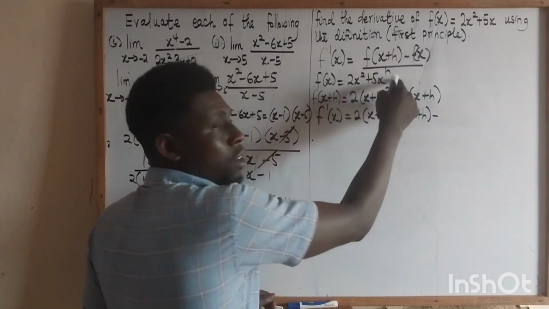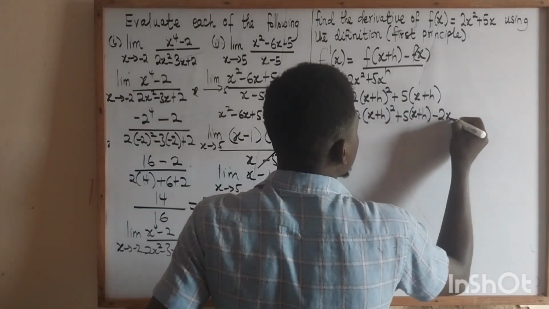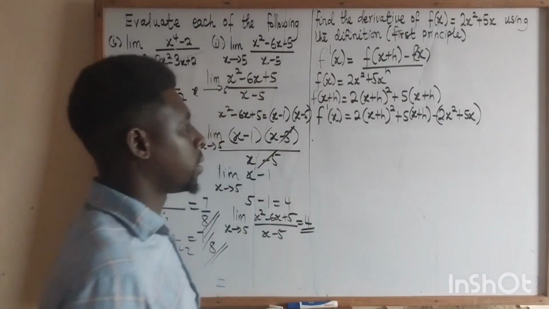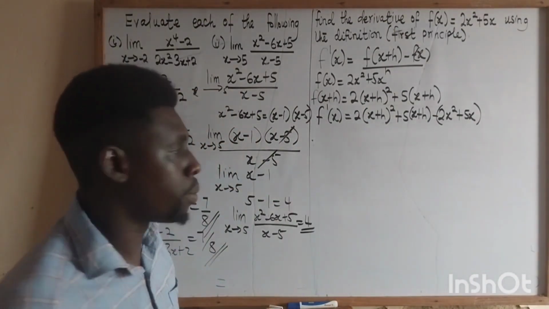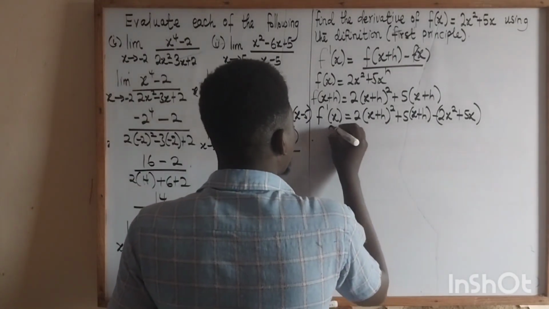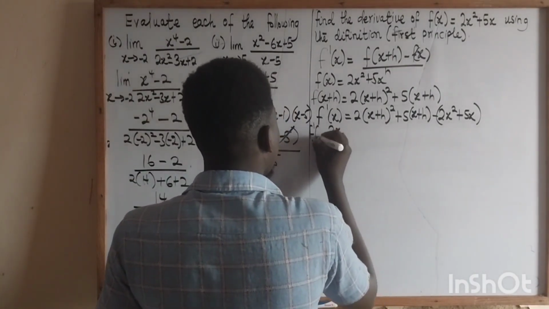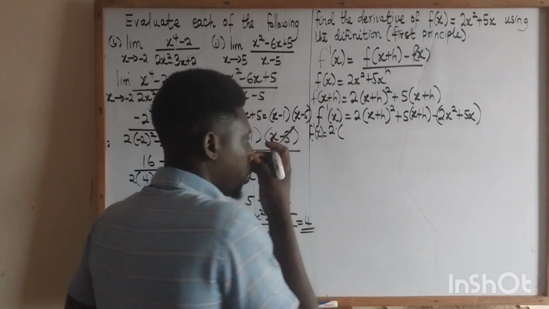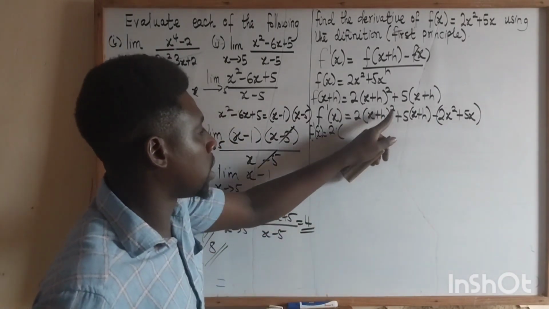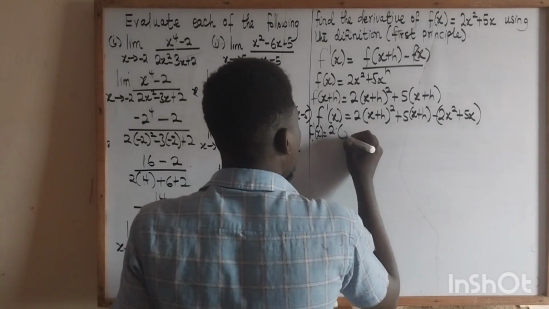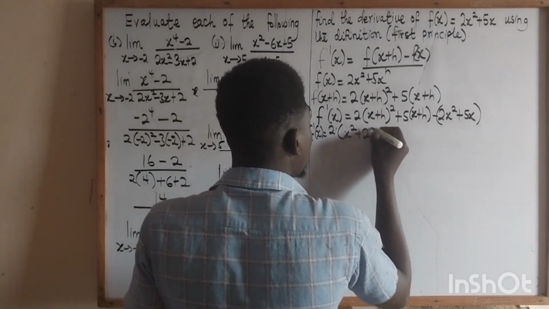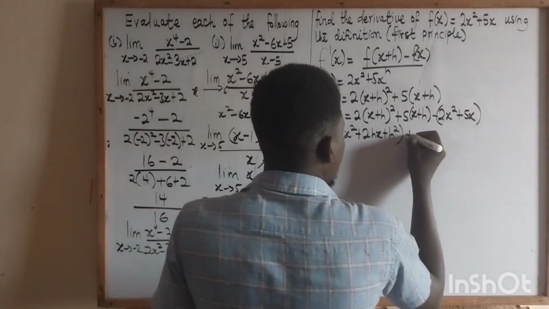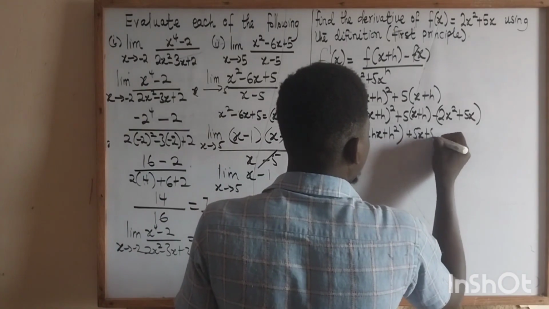So this is f of x, giving us 2x squared plus 5x, also in brackets. Now let us remove the brackets and expand. We have to solve for x plus h to the power of 2, giving me x squared plus 2hx plus h squared, plus 5x plus 5h.